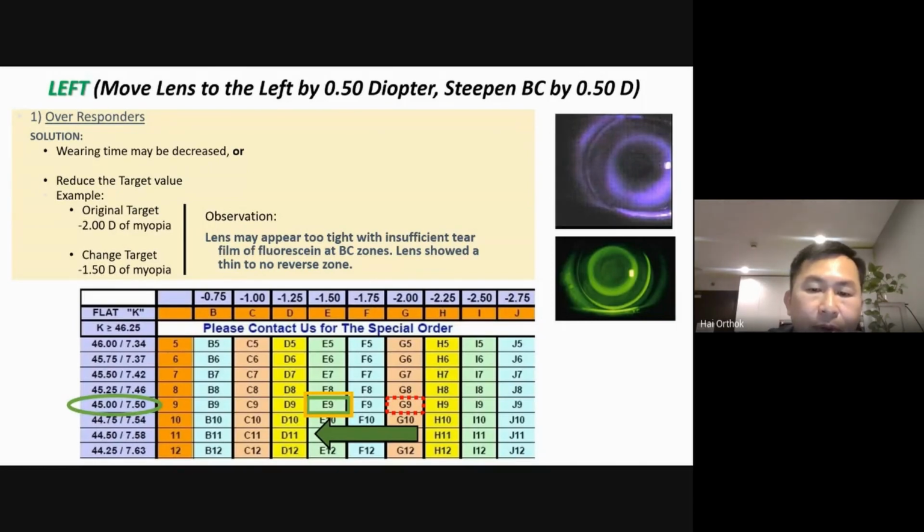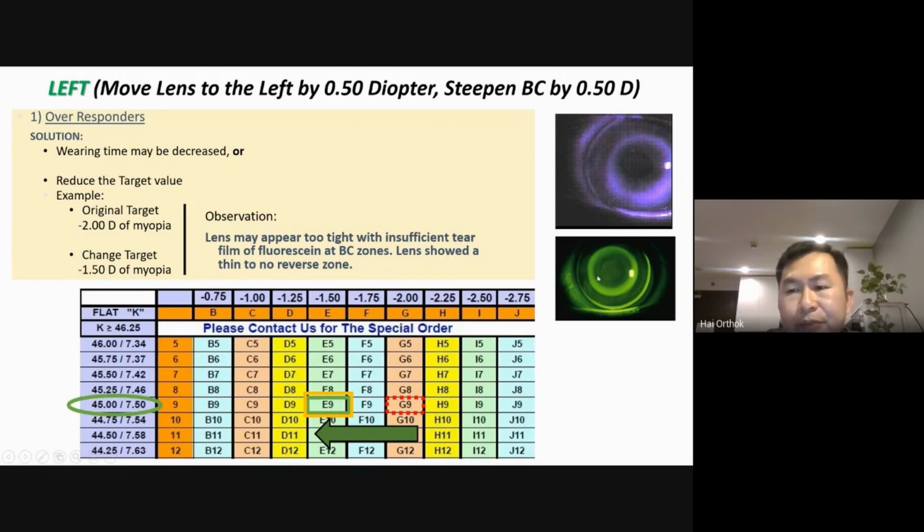So for example, this patient after 1 or 2 weeks is over responding. That means somehow my eye is responding well, and I have to use a lens with less power. So right now, even though my eye is -2 K45, it's over responding. So I have to use a lens with less central flatness.